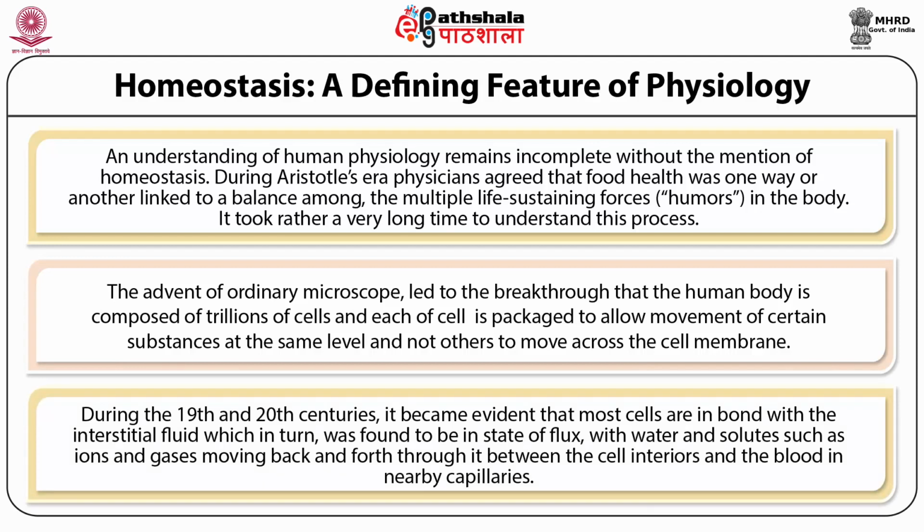During the 19th and 20th centuries, it became evident that most cells are in contact with the interstitial fluid, which in turn was found to be in a state of flux, with water and solutes like ions and gases moving back and forth through it between the cell interiors and the blood in nearby capillaries.